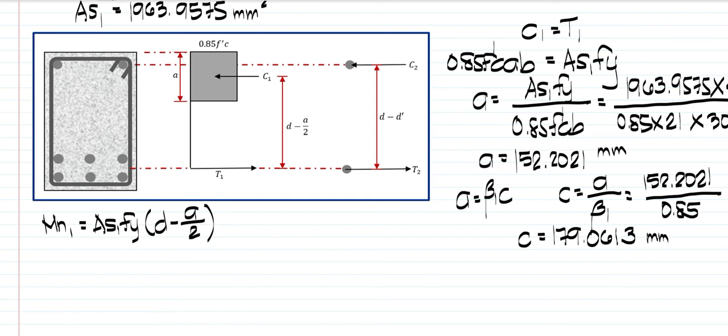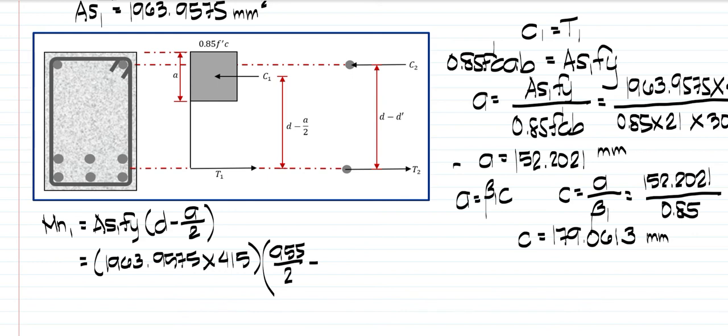So we have to substitute our values. As1 will be 1963.9575 times Fy, which is 415, multiplied by d, which we got earlier, 955, minus a, which is 152.2021, divided by 2.